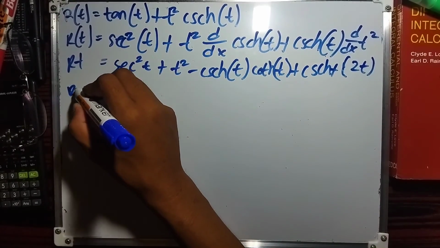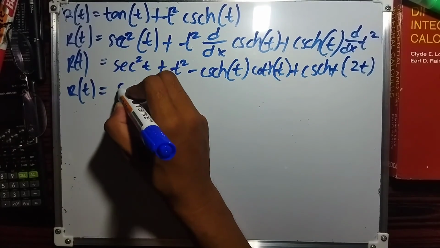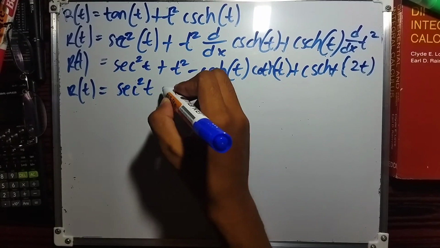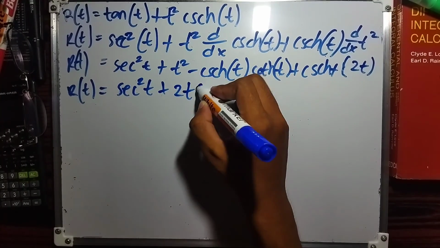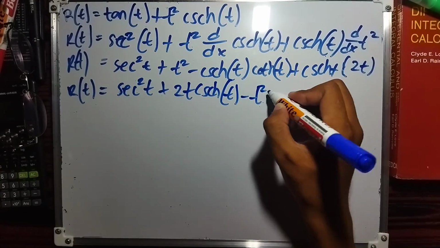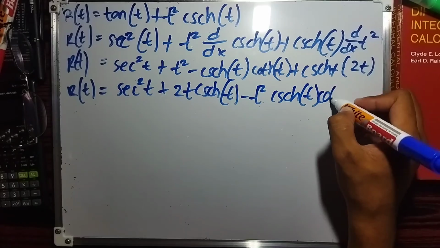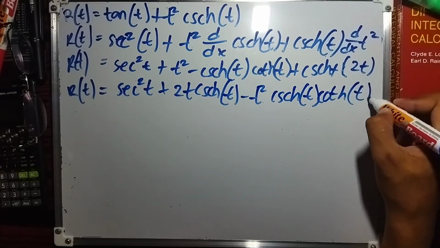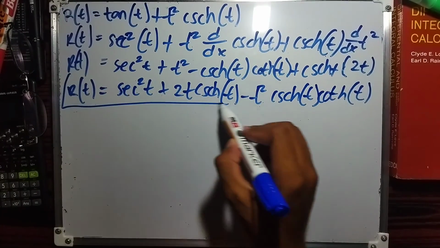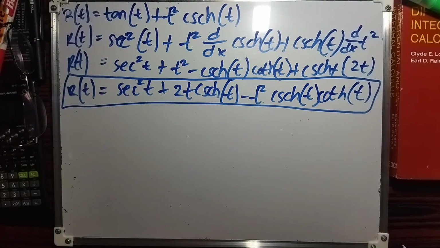Next is to arrange the terms. So it would become secant squared t plus 2t csch t minus t squared csch t coth t, and this here would become our final answer.